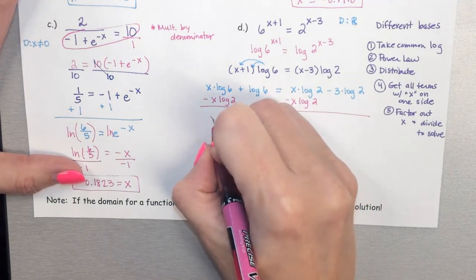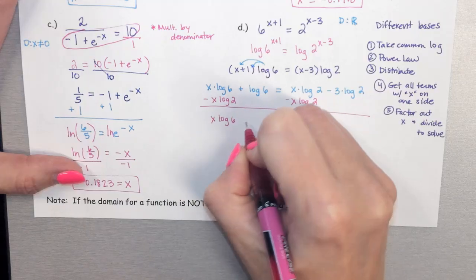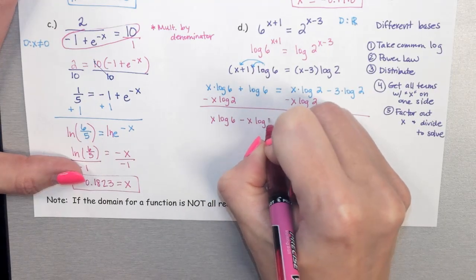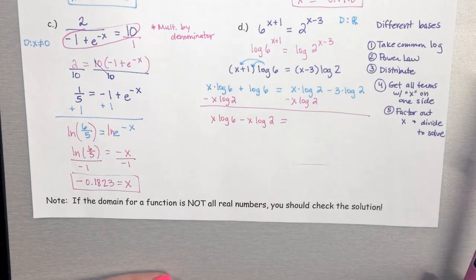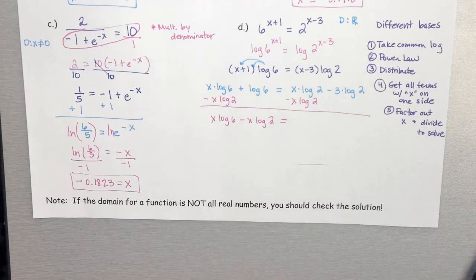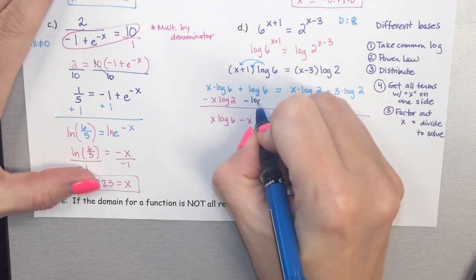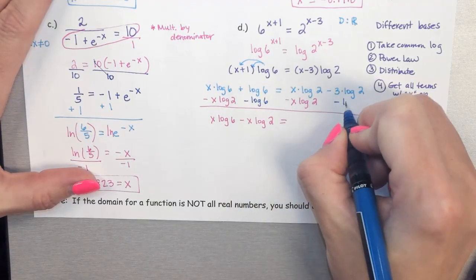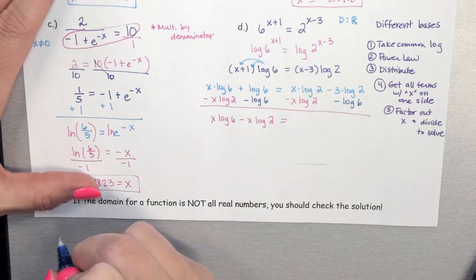So all I want is x log 6 minus x log 2, so I can factor those out. So if that's all I want, I'm going to move over this log 6. So minus log 6 here.